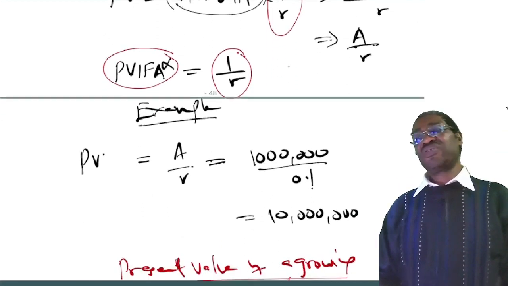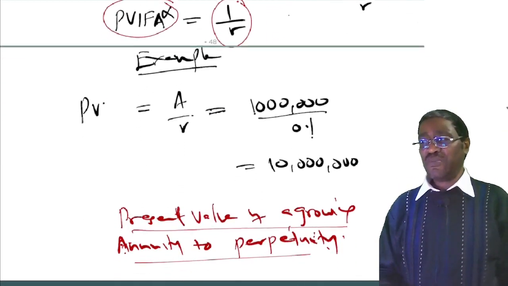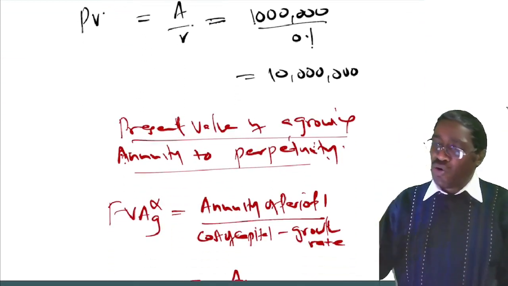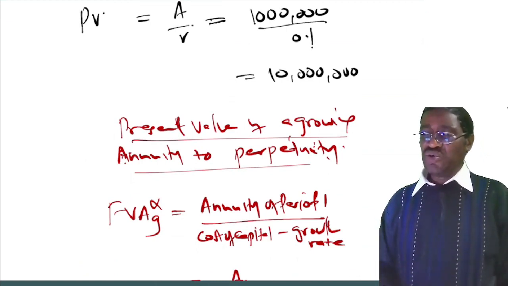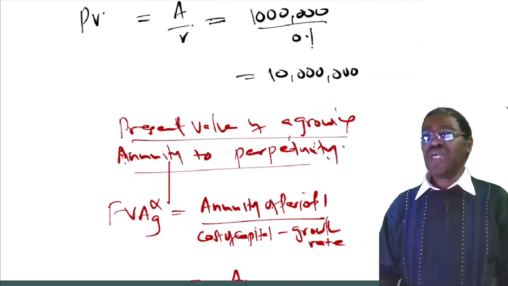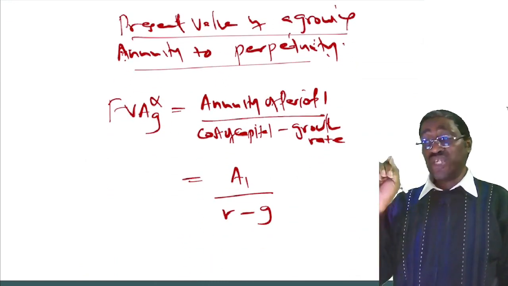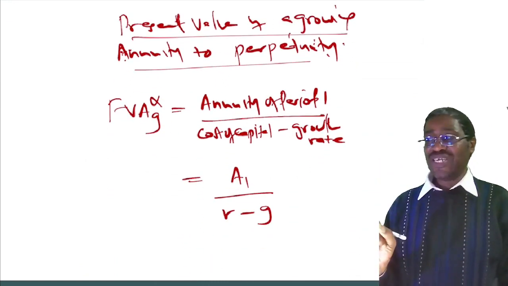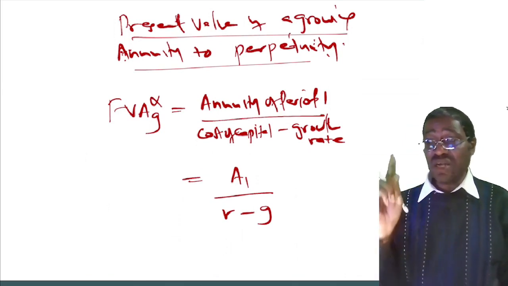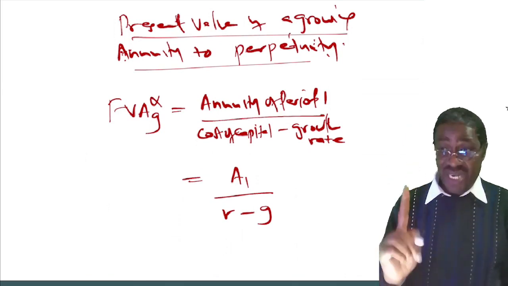Then I've said, how do you get the present value of a growing annuity into perpetuity? It is given by the annuity of period 1. What is the annuity of period 1? The beginning one was 1 million.